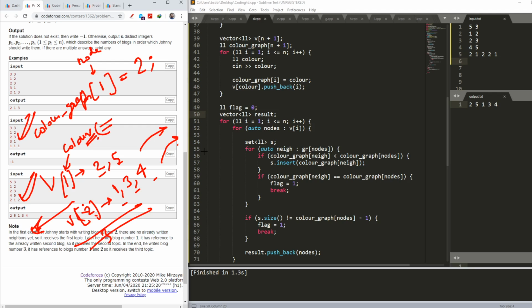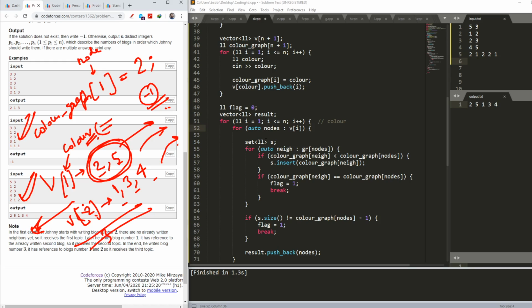If not, then my answer will be -1. Then I will do the same thing here. I will iterate from 1 to n, which indicates the color values, and then I will iterate on my vector v, which means I will check these nodes.